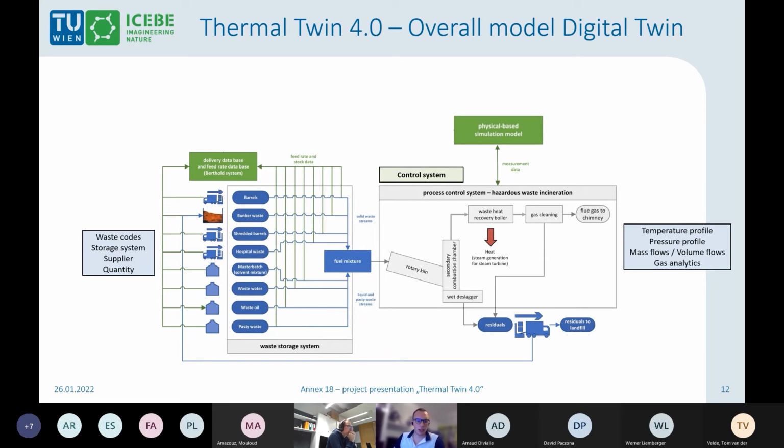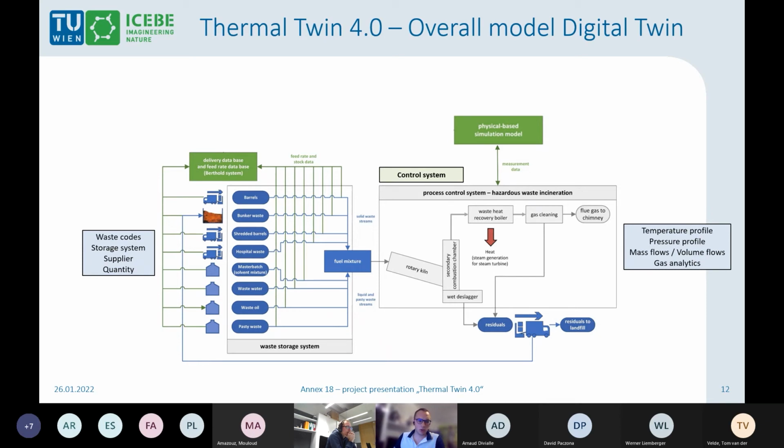And on the other hand, we know about the wastes due to a database which is called the Berthold system: the delivery data and the feed rates which will be fed into the rotary kiln. In this database, there are waste codes.